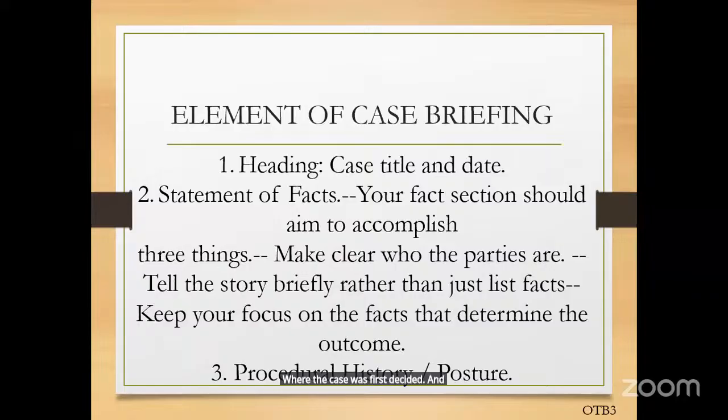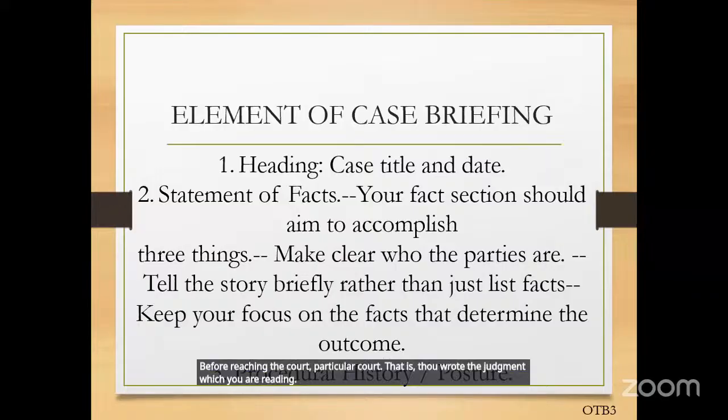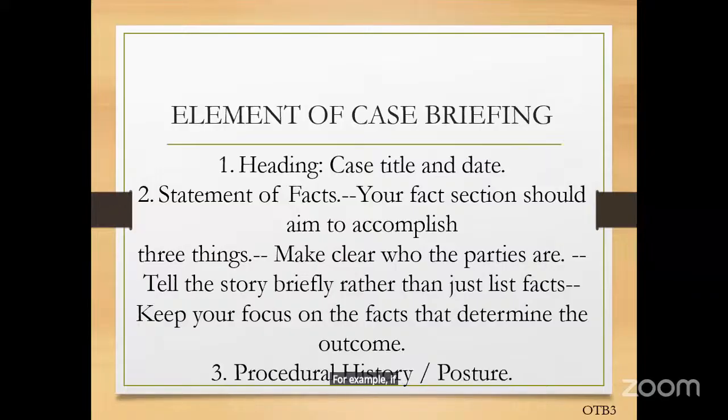You also need to identify whether it was decided by a trial court or an appellate court before reaching the particular court that wrote the judgment which you are reading. For example, if you have a matter in the High Court and it was decided upon, the parties were not satisfied, they move on to the Court of Appeal.